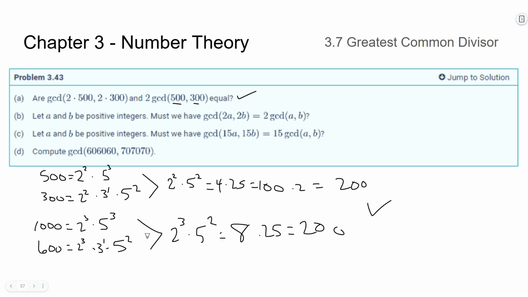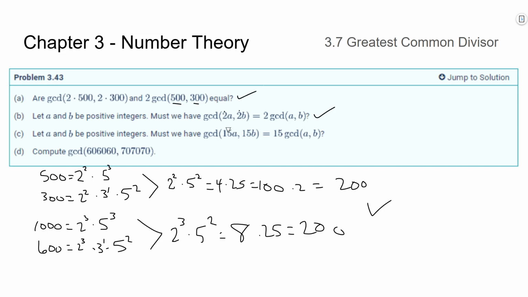So then what's common to both of them will include an extra factor of 2, because we're multiplying both by 2, so they're both going to have the extra factor of 2. So of course it will be 2 times the GCD of A and B. So that is true.